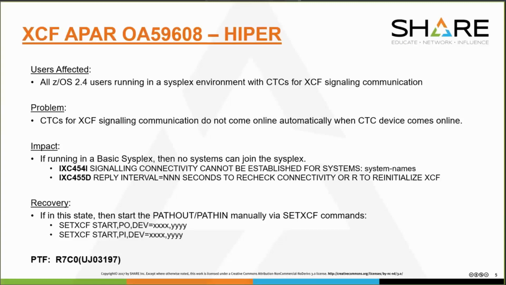For release 2.4, it's UJ03197. Note that this PTF became available in the middle of June, so it's not yet part of any RSU. If you encounter this problem and need to recover, you can start the path out and path in manually via the SETXCF commands listed below.